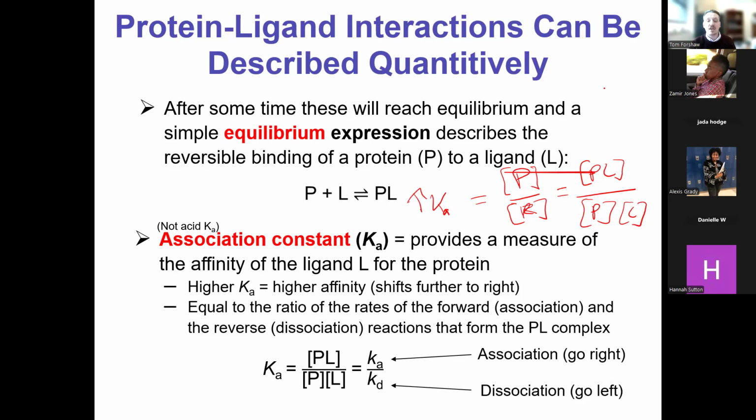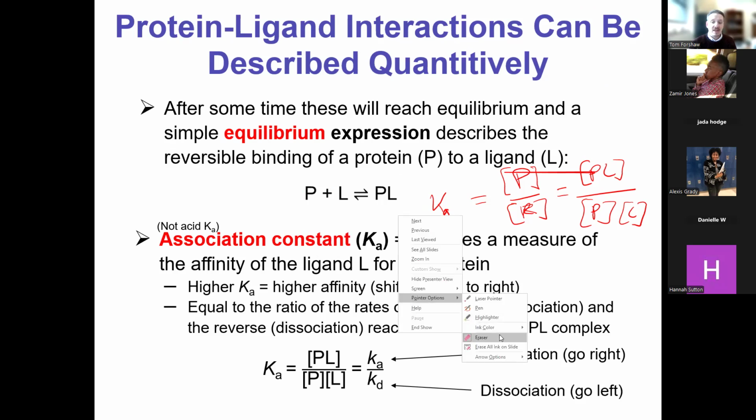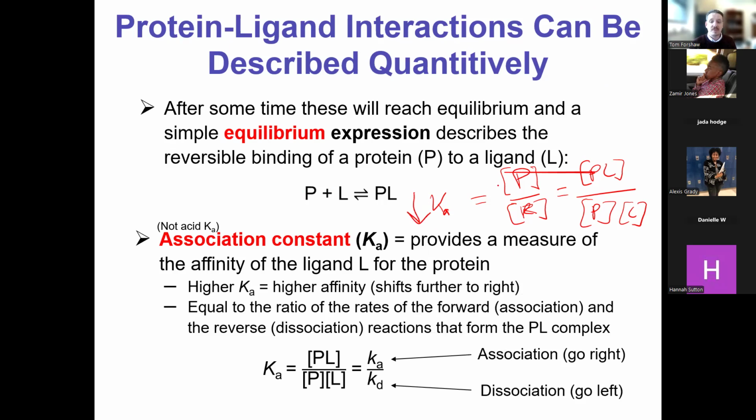And thus, that's telling you that the protein likes its ligand. If, on the other hand, Ka is low, then that must mean that the product is low and the reactants are high.